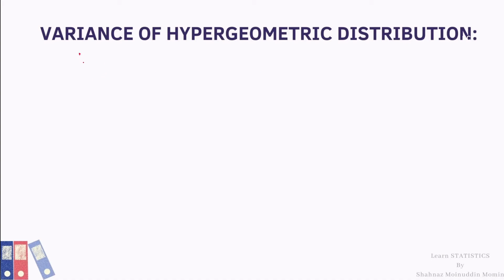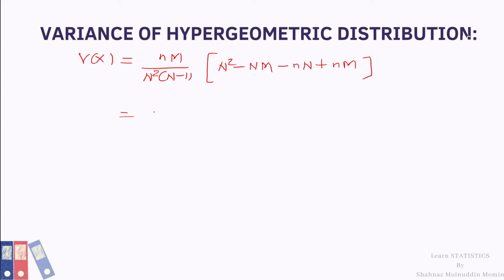variance x is equal to n divided by n square n minus 1 into bracket n square minus n minus n plus n into m, which is equal to, this constant is as it is.